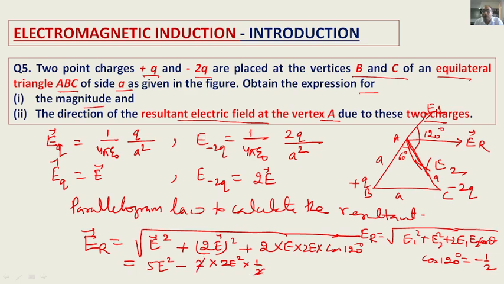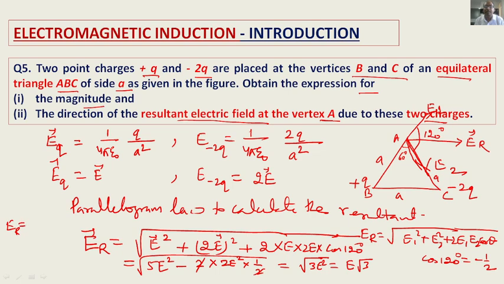So this 2 will get cancelled and square root. Then further 5E square minus 2E square will give you 3E square, and which will be equal to E root 3. Okay. So the resultant will be E root 3.